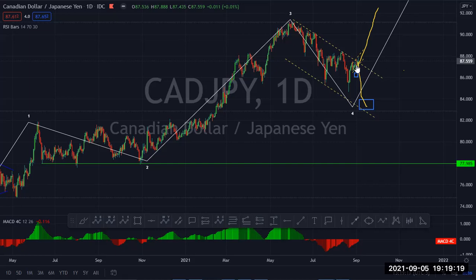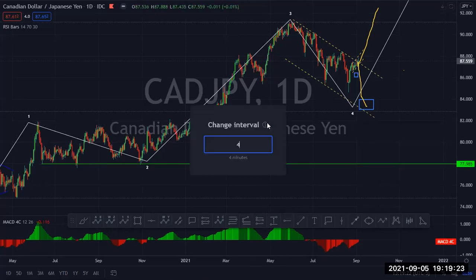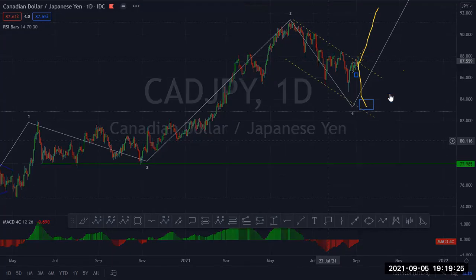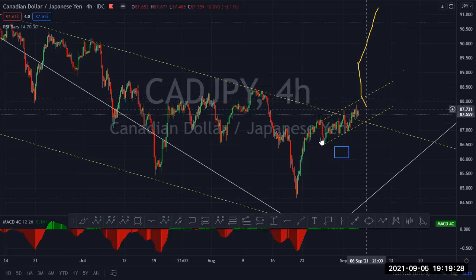Then on 4 hours, that's the lower time frame, we're watching this channel. If we get a sharp move lower, then what we see on daily will happen.